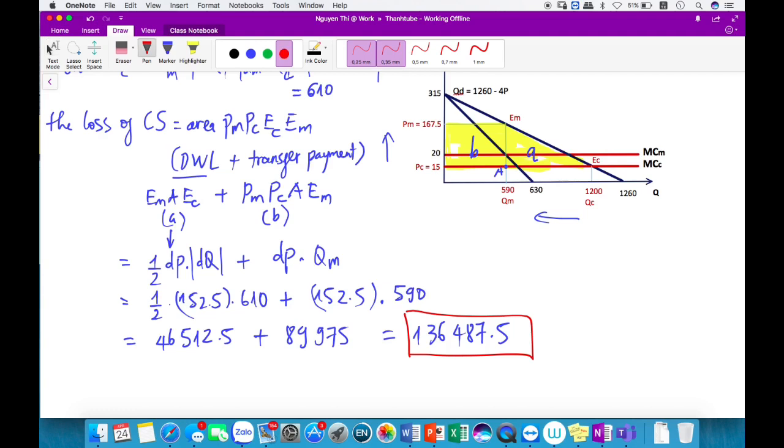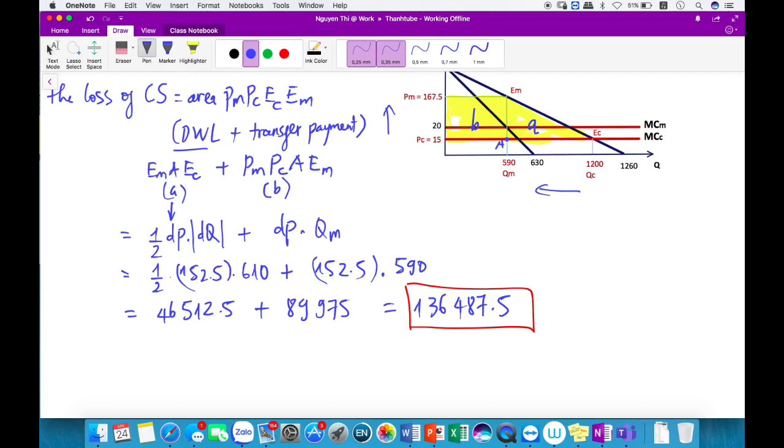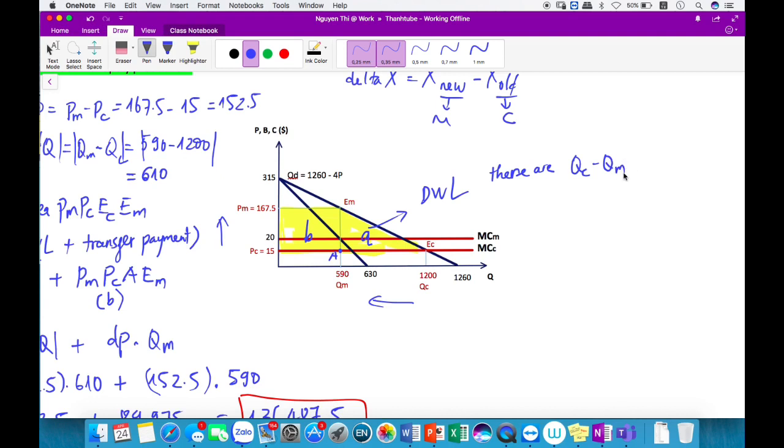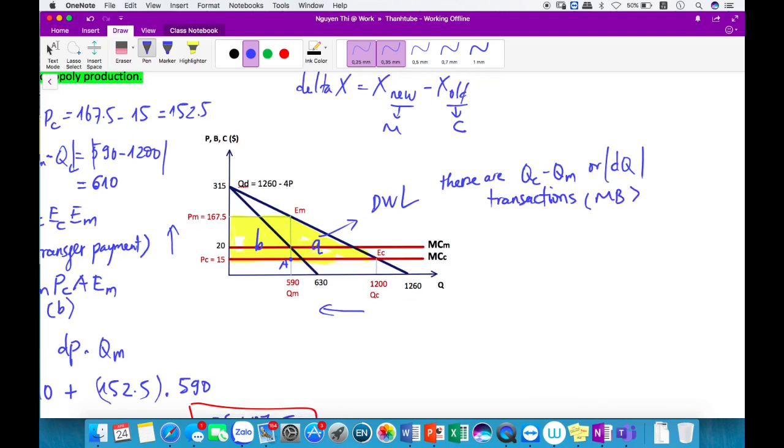All right. To analyze in detail, this amount represents area A, the deadweight loss, and this amount represents area B, the transfer payment. The deadweight loss represents QC minus QM, or delta Q transactions, where marginal benefit is higher than marginal cost but not met.